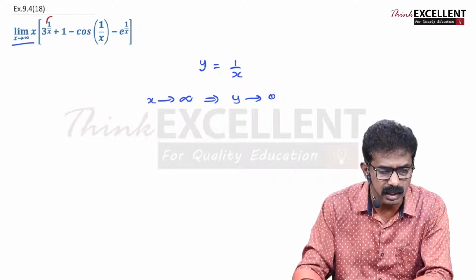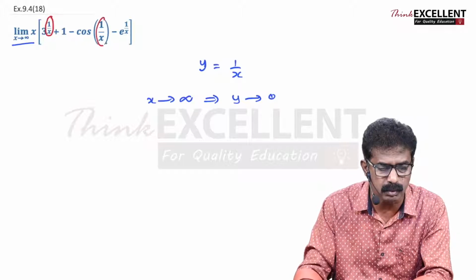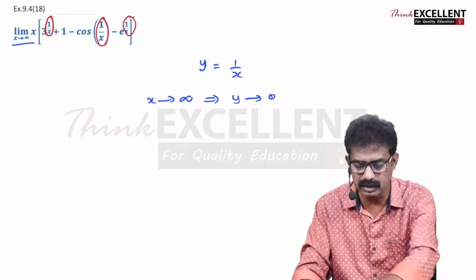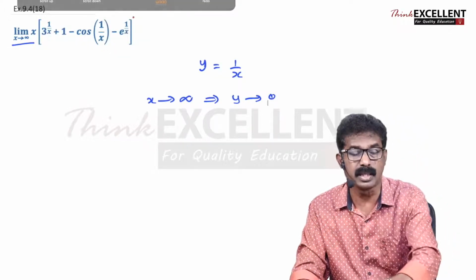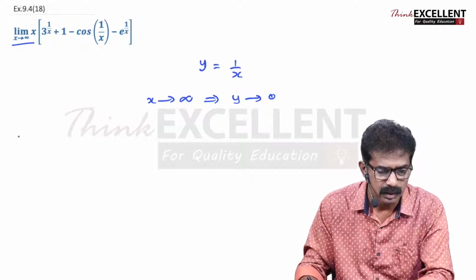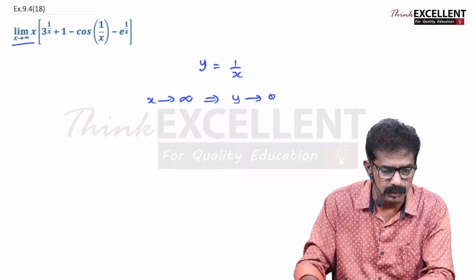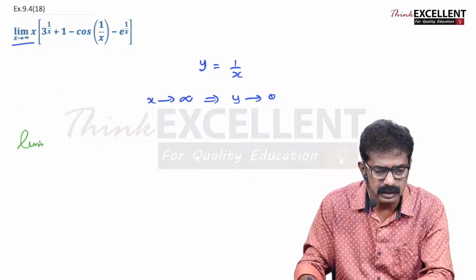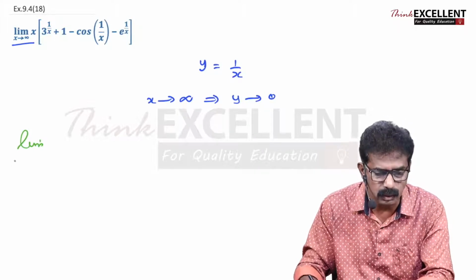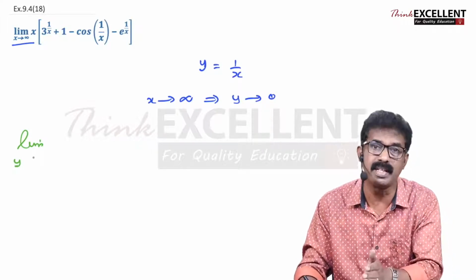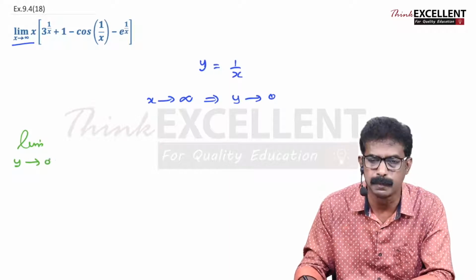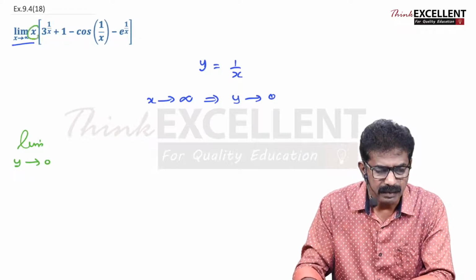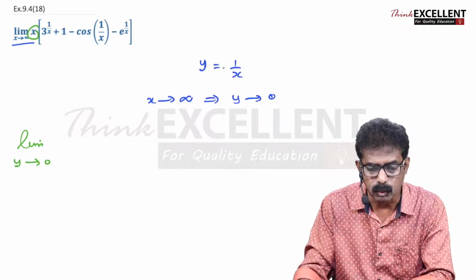Another thing, here you can see a lot of 1 by x. 3 raised to 1 by x, e raised to 1 by x, right? All these 1 by x, you take it as y. So the question reduces to limit, instead of x tends to infinity, you write y tends to 0. Here we have an x.